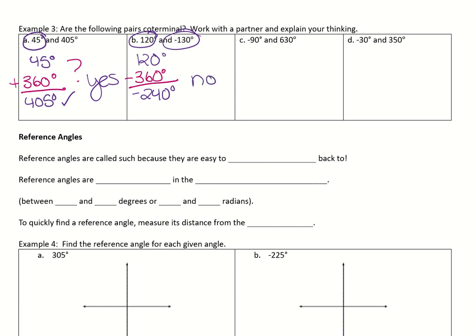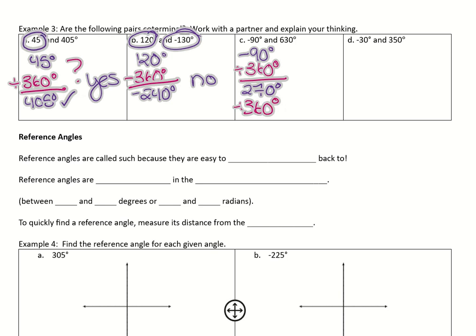What about negative 90 and 630? So let's start with negative 90 degrees plus 360 degrees. That lands us on 270. So we don't know yet, to be honest, because we haven't gotten high enough to see if we could land on 630. So what do we do? We add another circle. So plus 360.